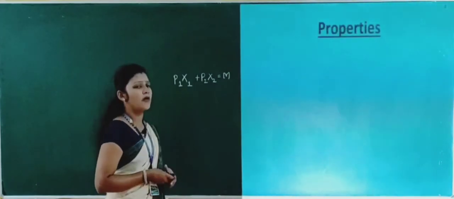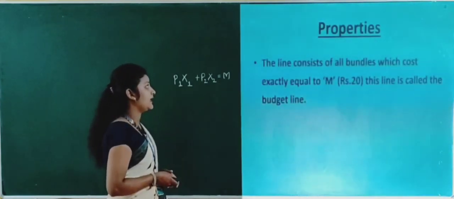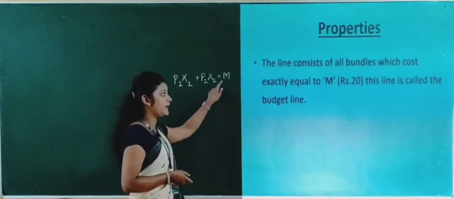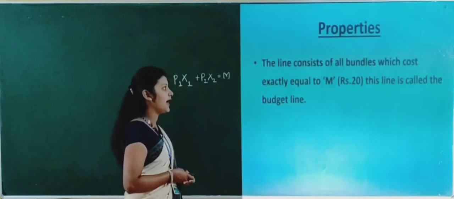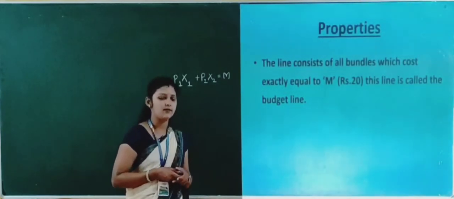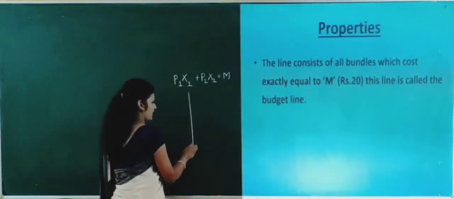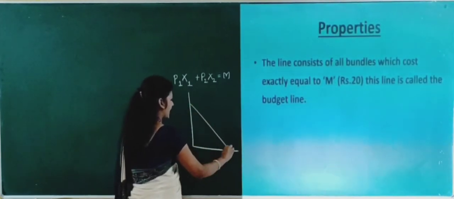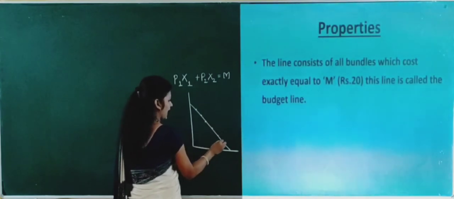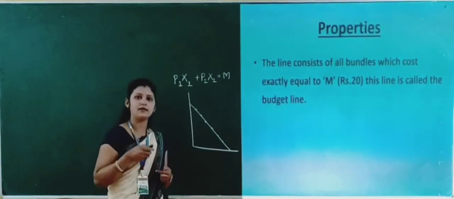Now let's see some important properties of the budget line. The line consists of all the bundles which cost exactly equal to m, that is rupees 20. If the bundles lie exactly on the budget line, then this line is called the budget line.